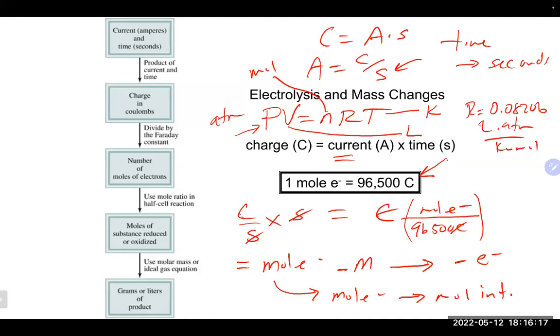So sometimes in these electrolysis problems, you're collecting a gas, maybe chlorine gas, hydrogen gas, or oxygen gas, and they're interested in how much volume you would collect. So you'll need to take the moles you get at the end, use the other information like the temperature and the pressure, stick it into the ideal gas law, and solve for volume to figure out the volume of the gas you would be collecting.